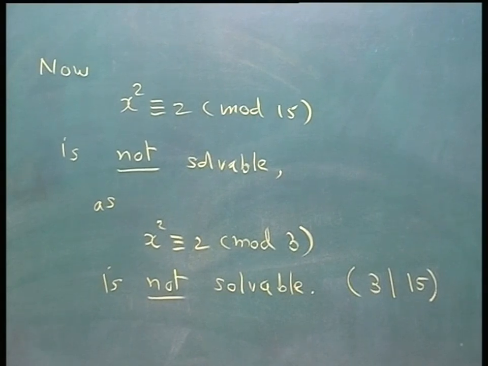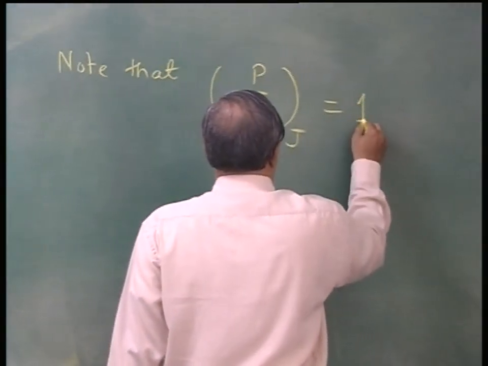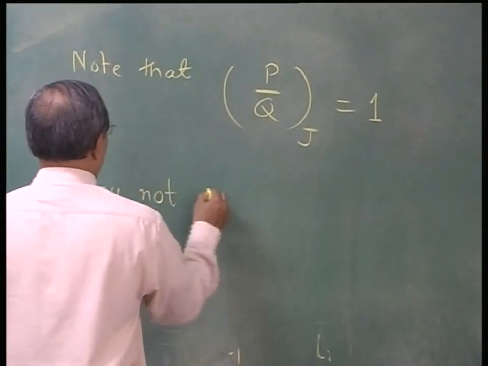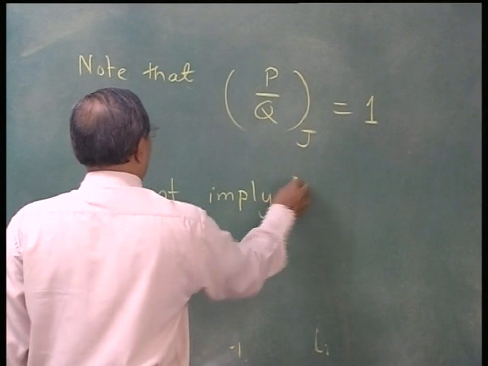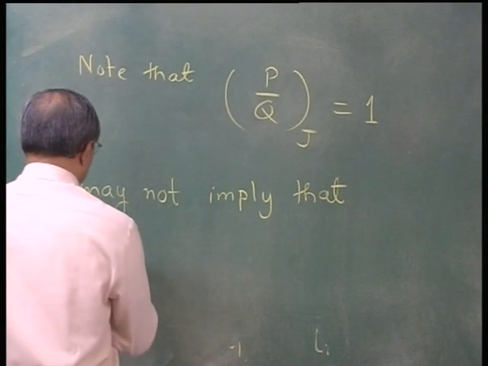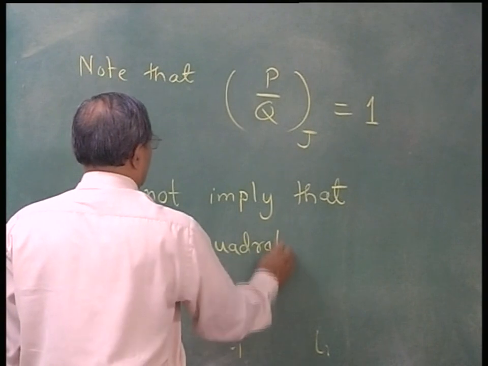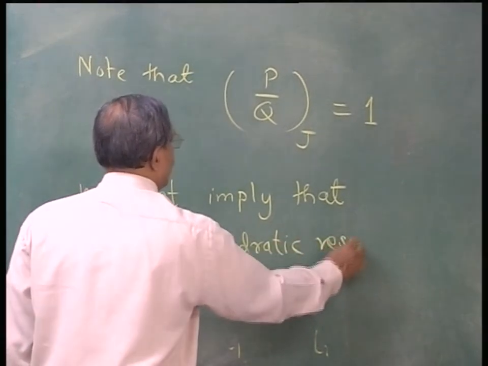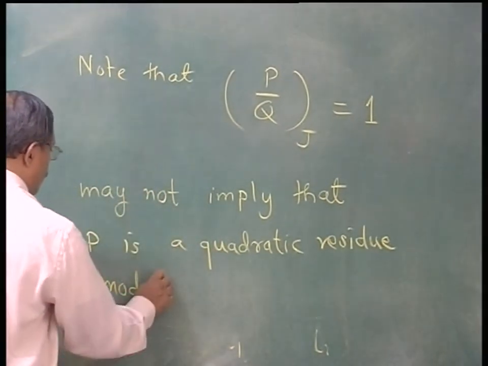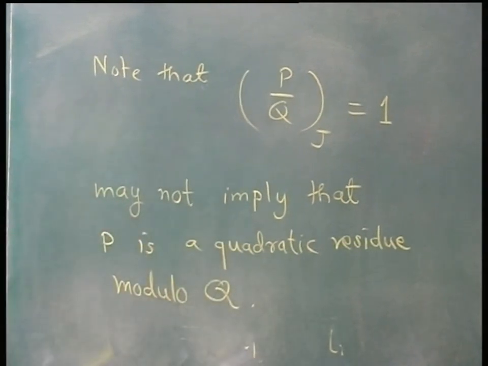Note that (P/Q), the Jacobi symbol, equal to 1 may not imply that P is a quadratic residue modulo Q. This is clear from an example.